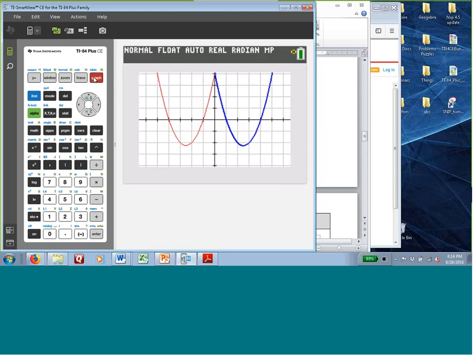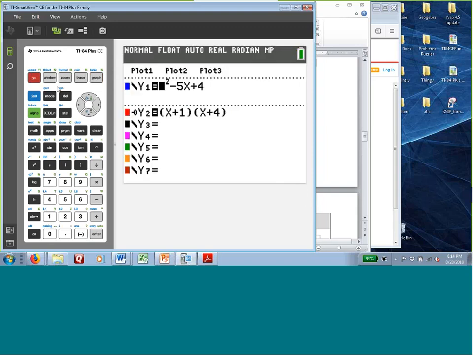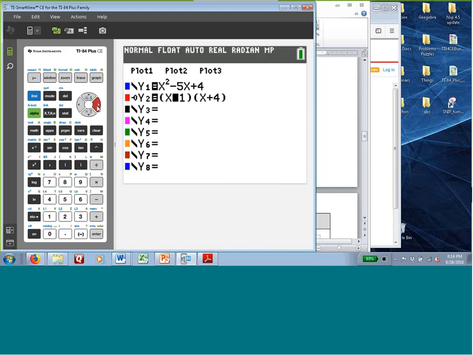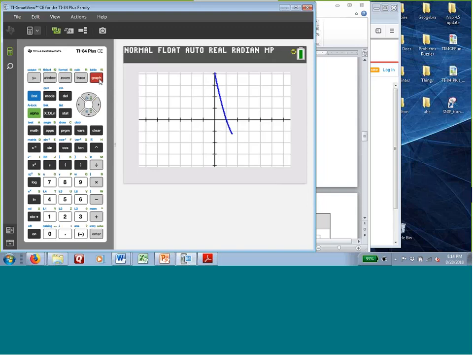Ooh, that's a very interesting graph. It looks like mine, but it's in the wrong place, and the reason is because we have to change this to the negatives, and now you're going to see that the tracer ball is going to follow the previous graph. So this is a nice way as students are learning factoring to get a graphical representation of it and also see whether their graph was correct.